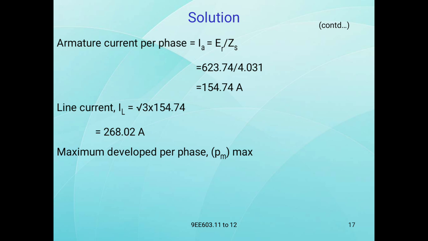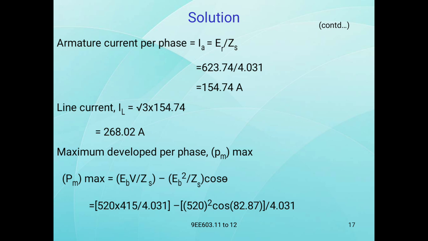For maximum power developed per phase, the mechanical power P maximum is equal to EBV by ZS minus EB square by ZS cos theta. By substituting EB, V, ZS and cos theta, we get 45209 watts.